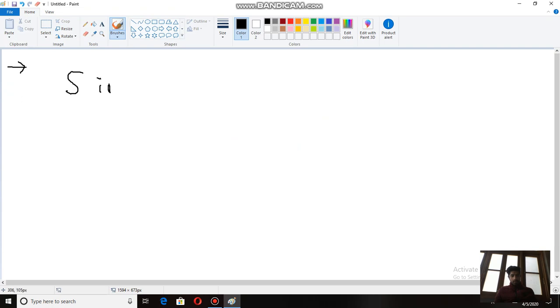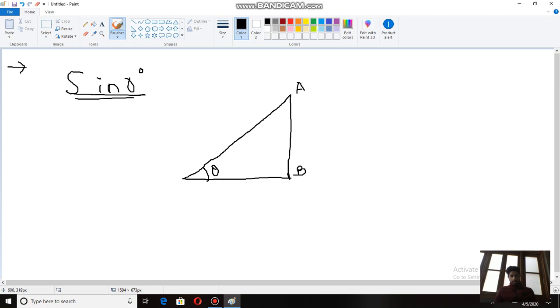If we want to calculate sine of 0 degrees, how can we draw this? We can draw it like this. If this is our theta and this is A, B, C, if we want to reduce this angle, we can reduce this AB.